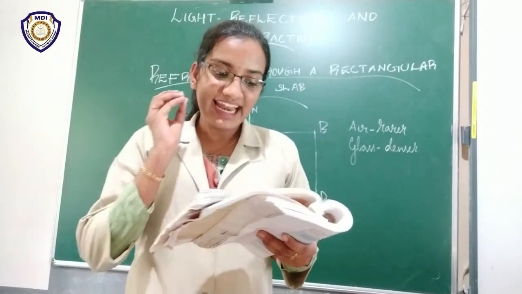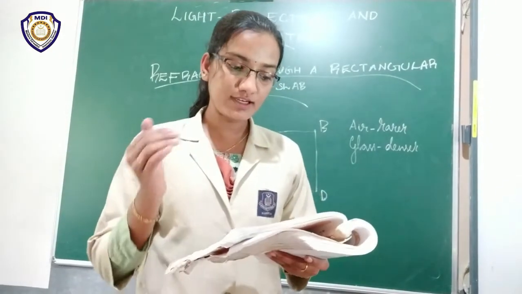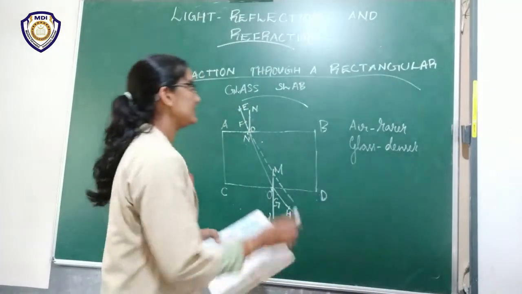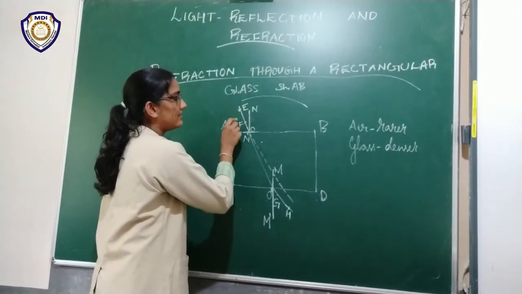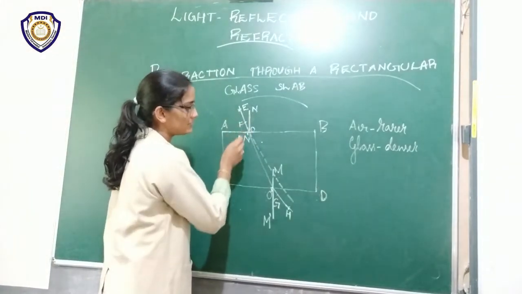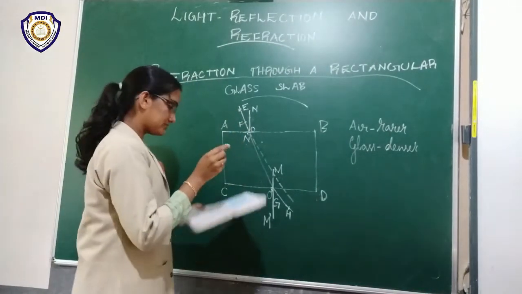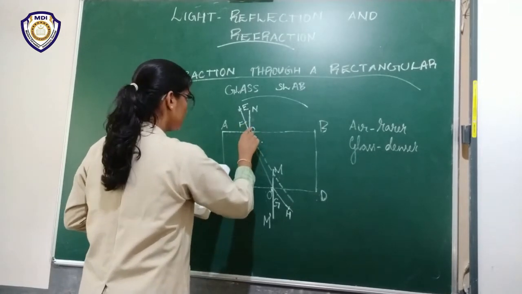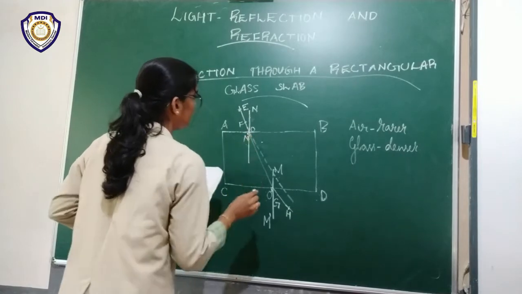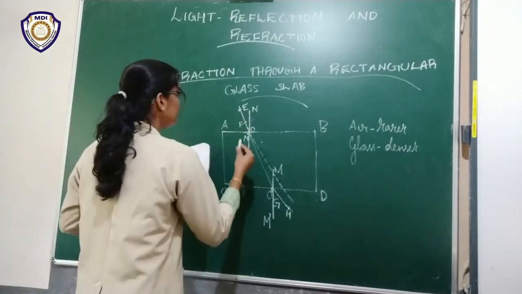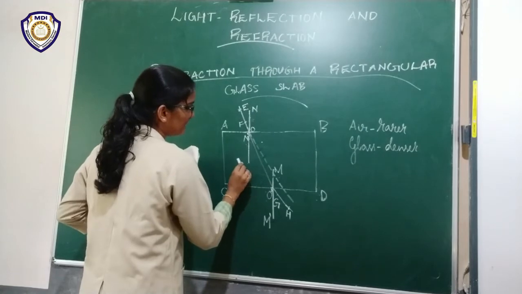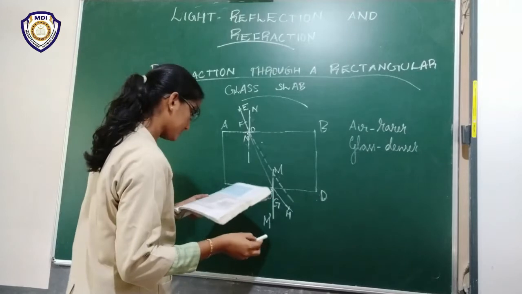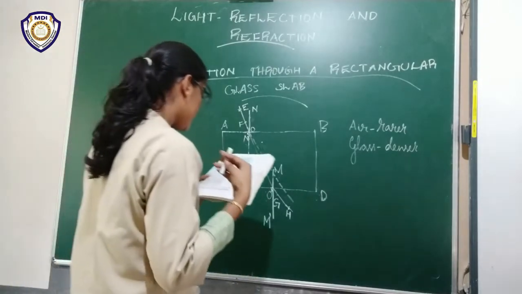Note that the light ray has bent towards the normal. Here the light travels from a rarer medium to the denser medium, so light has bent towards the normal.